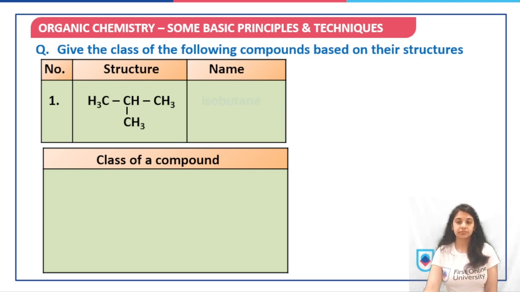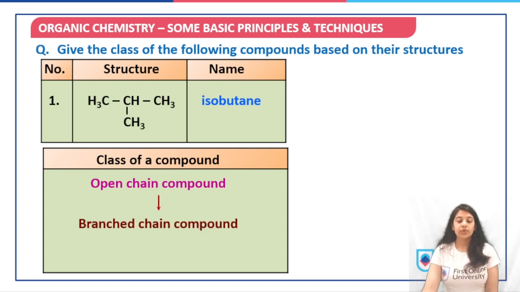The name is isobutane. What is the class of the compound? It is an open chain compound. And within the open chain compound, it is not straight chain, but branched chain compound.